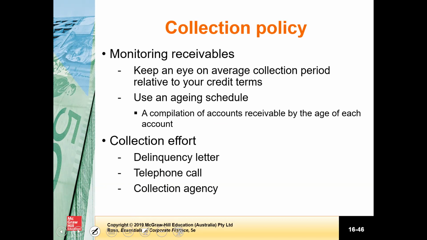Then collection policy. Collection policy is the final element in credit policy. Collection policy involves monitoring receivables to spot trouble and obtaining payment on overdue accounts. So monitoring receivables, to keep track of payments by customers, most firms will monitor outstanding accounts.